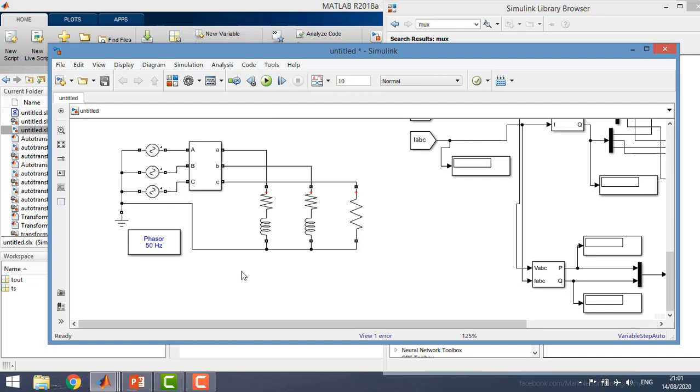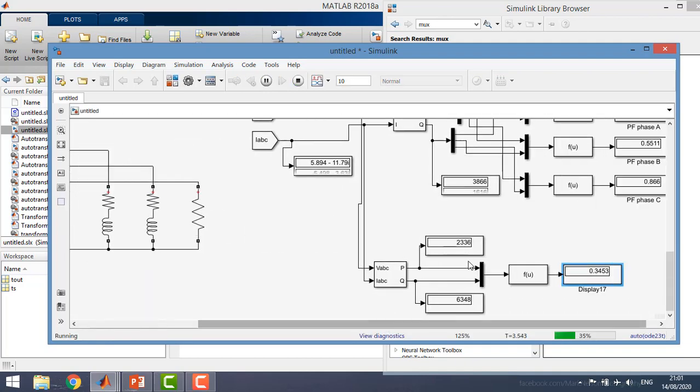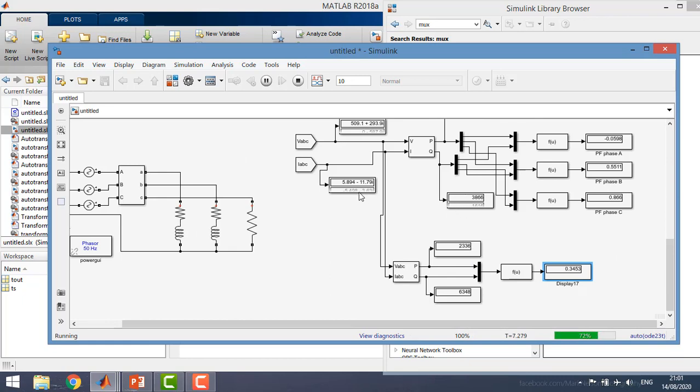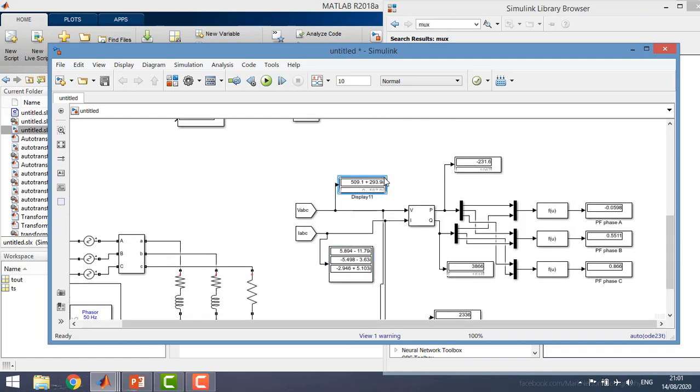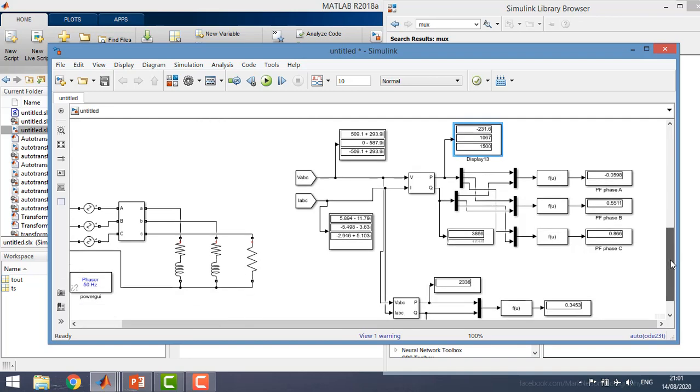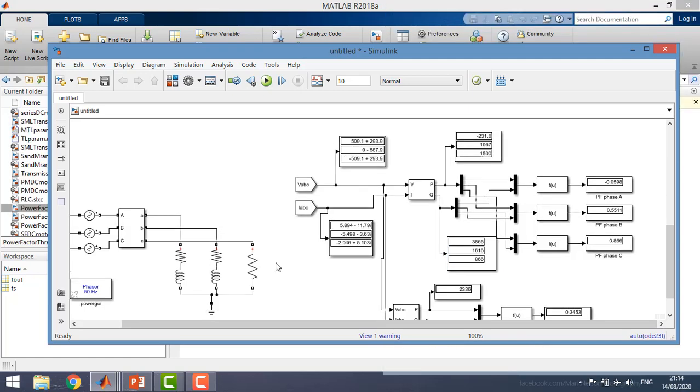So now let's test the circuit. Alright, so we do need to check to find out why those values are not as expected.